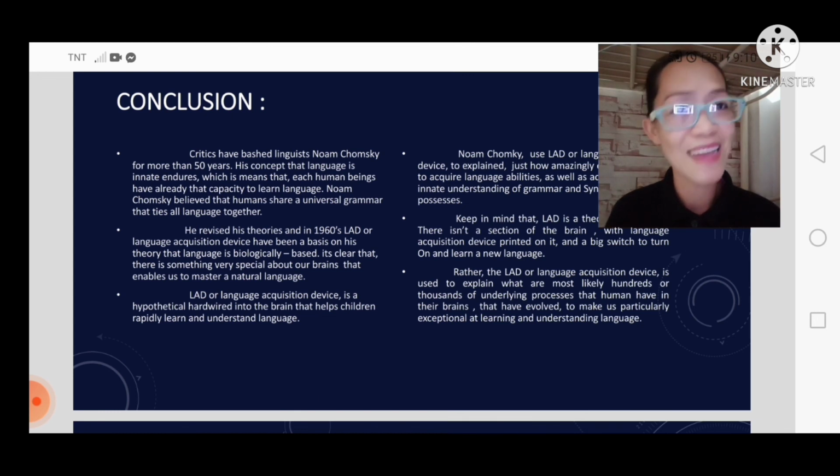So it is clear that there is something very special about our brains that enables us to master a natural language. LAD, or language acquisition device, is a hypothetical mechanism hardwired into the brain that helps children rapidly learn and understand language.